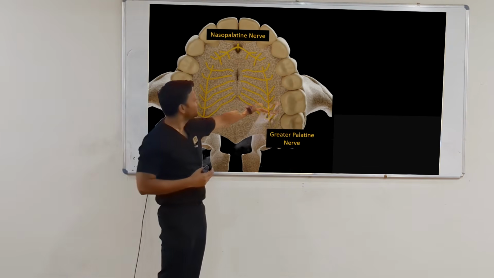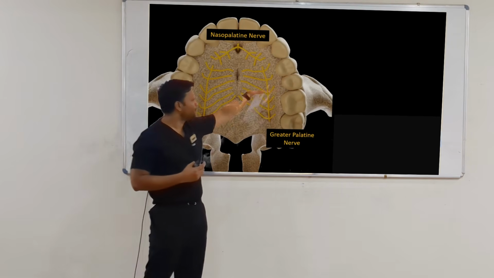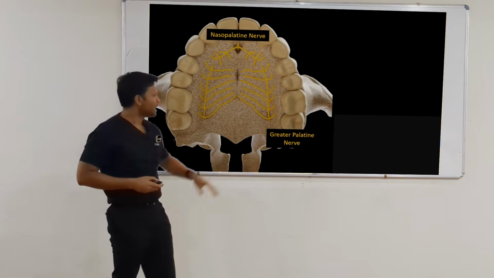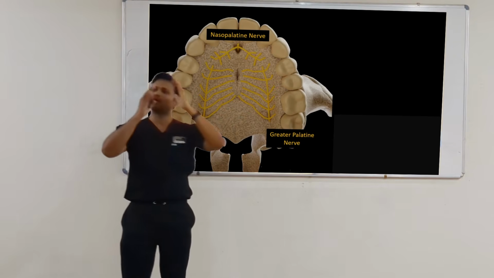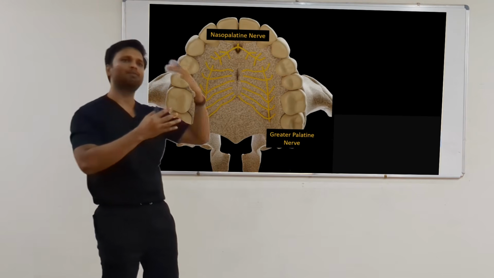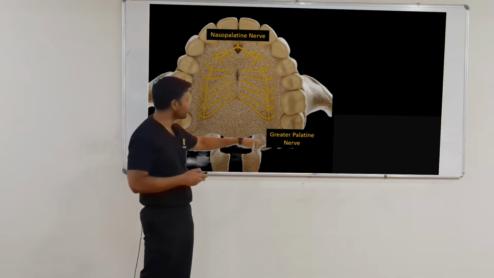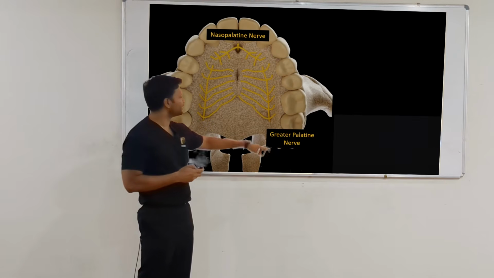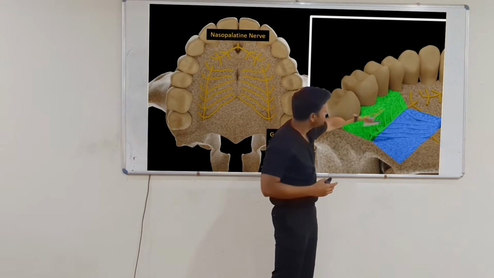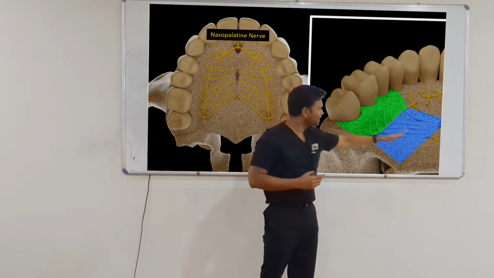Whereas greater palatine supplies the posterior portion of the palate from the molars to the first premolar. Okay, again it supplies the overlying soft tissue, that is the mucosa and the periosteum and the bone, the palatal bone. Okay, and this foramen, let me show you the image. This foramen is located at, can you see the alveolar bone and the palatal bone?